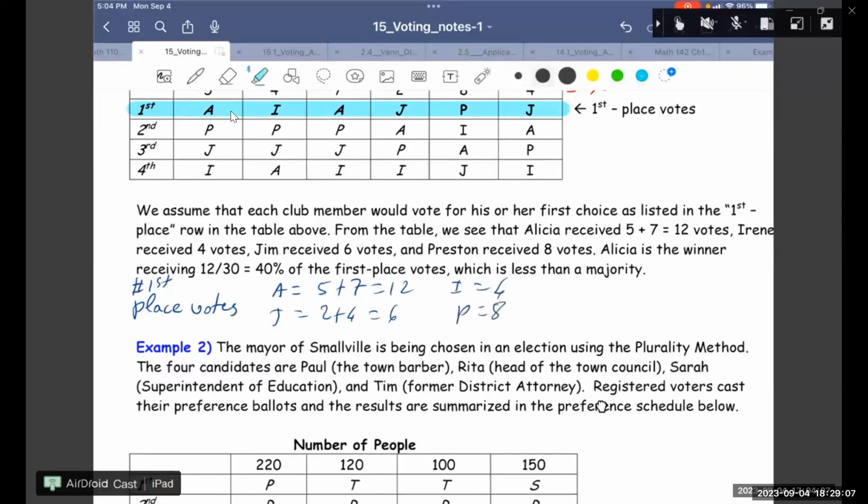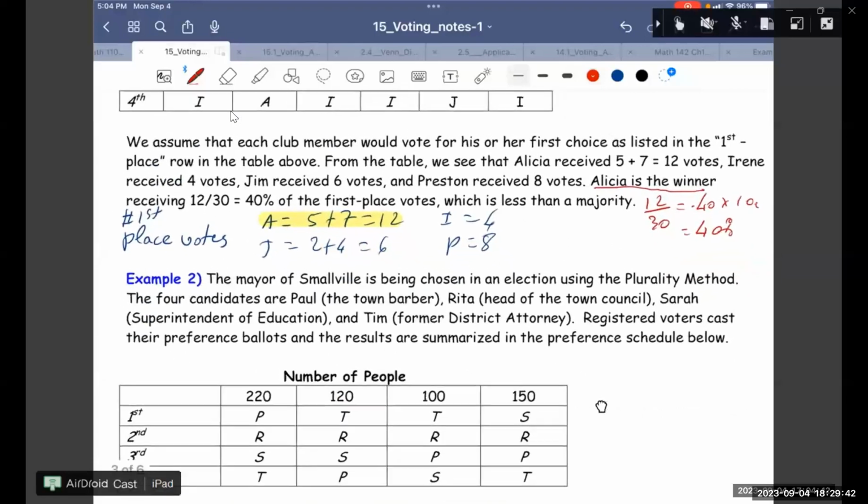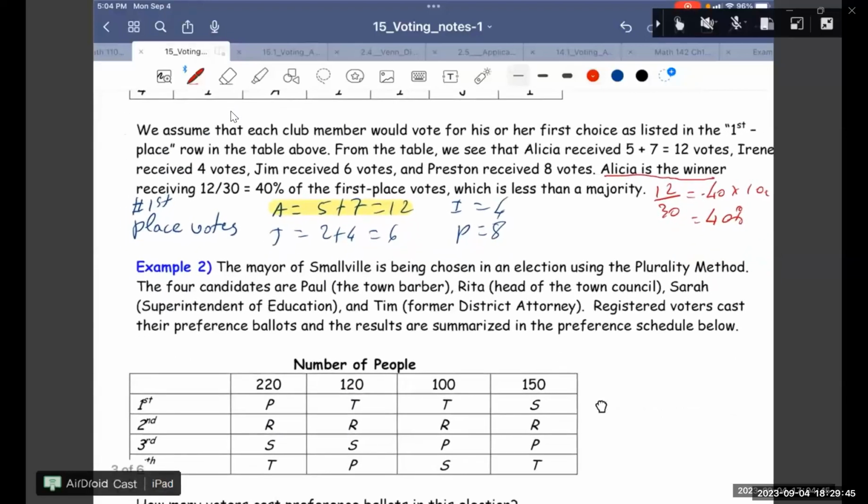As we can see, Alexa is the most voted, so Alexa is the winner. We have 12 over 30 voters. If 12 is divided by 30, we get 0.40, and we multiply by 100, so this should be 40%. So Alexa wins because she has 40% of the vote.